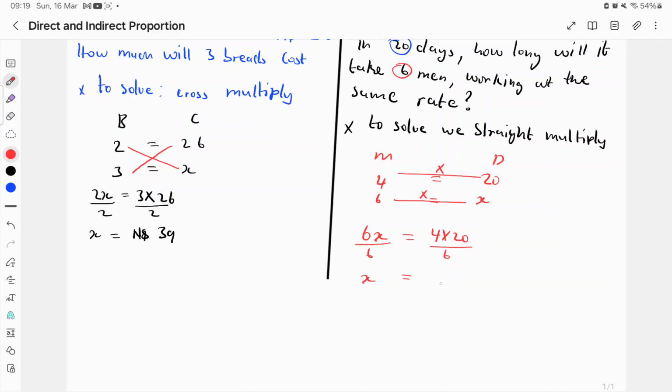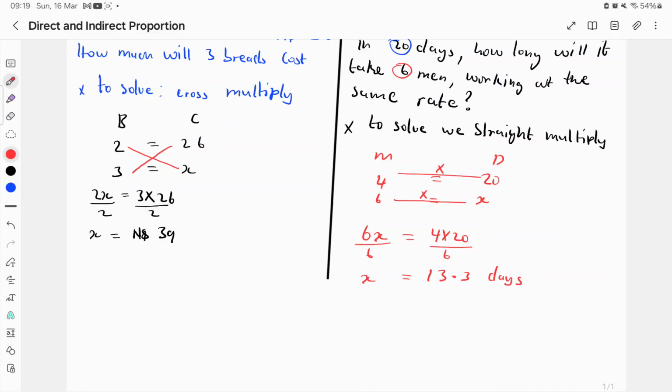Then you get something like 13.3 days. Now that makes sense because 6 men must take fewer days. Okay, that's the first difference between direct and indirect proportionals.